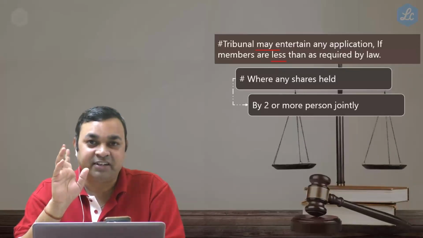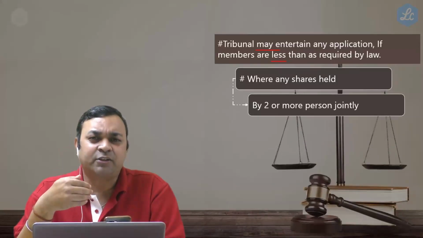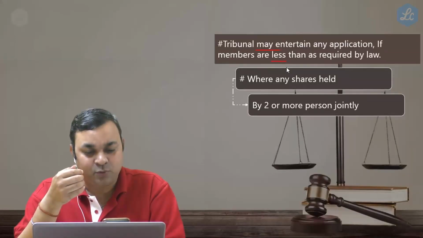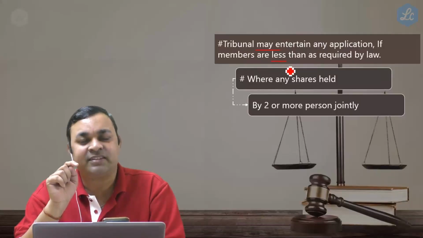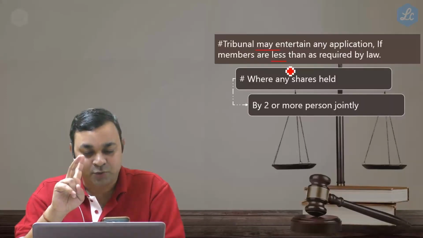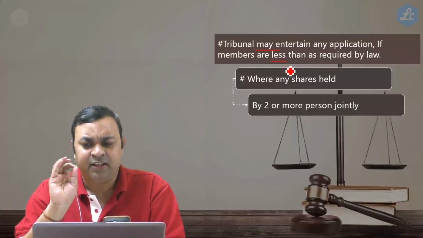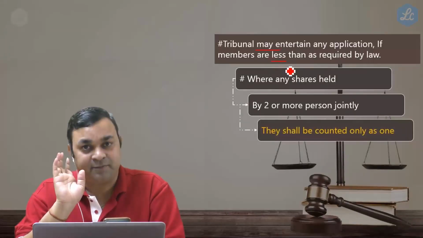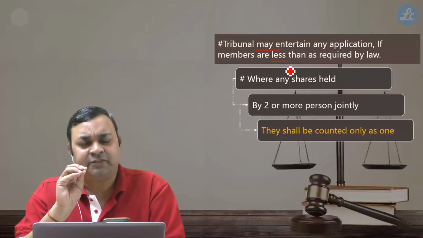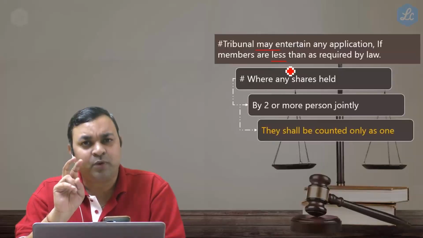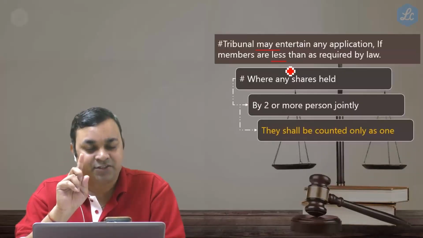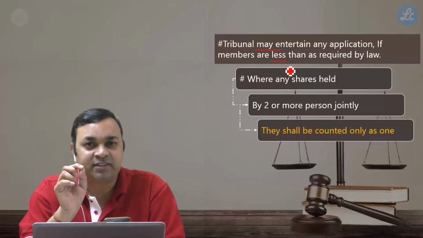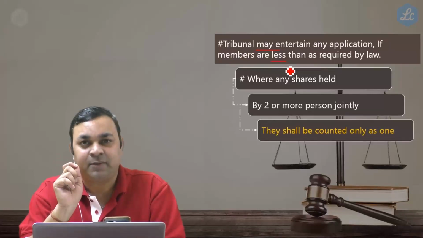For the purpose of counting the total number of members as per section 244, will we count Mr. A and Mrs. A as one person or two persons? For this, the law has provided that they shall be counted only as one member. Even though these are two natural persons, if they are holding one share jointly, you need to count them as a single person. This is the first point.